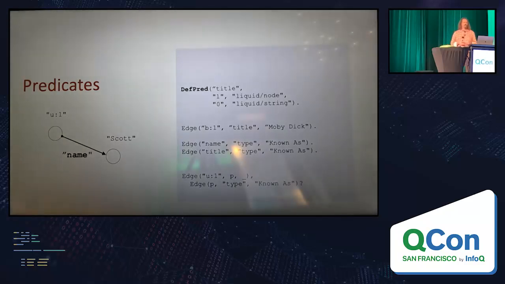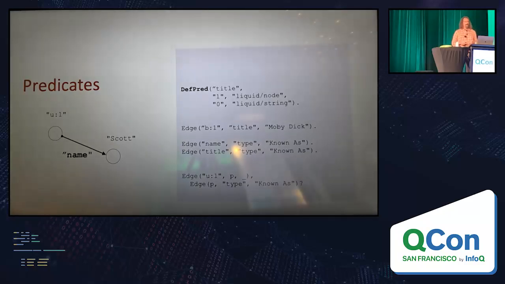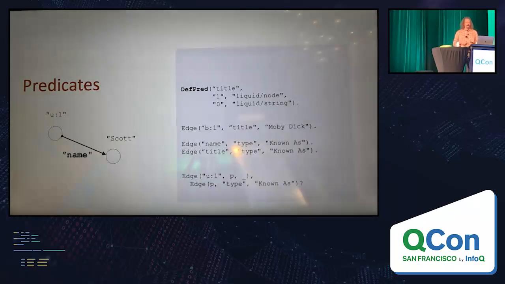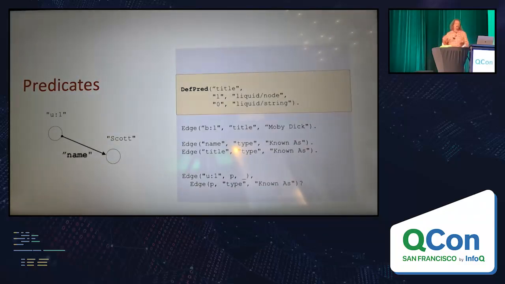Our two-table representation actually lost some valuable information. And we need to add this information back. We're going to do this by formally defining predicates. So here's a rule called defpred, and you have to use defpred to introduce a predicate. This is a predicate for title, like the title of a book.